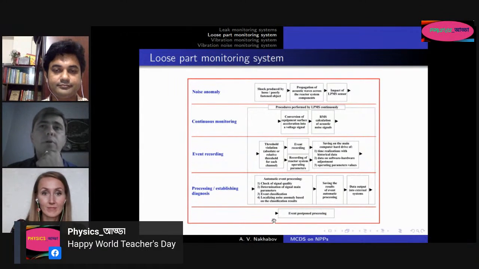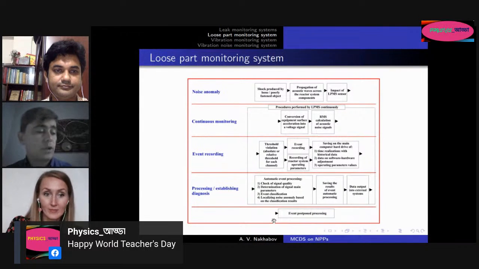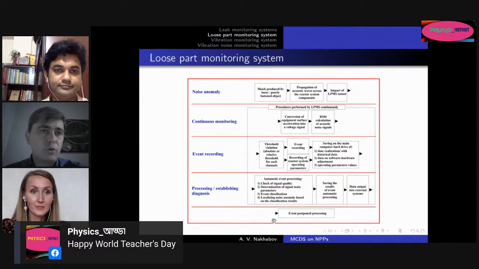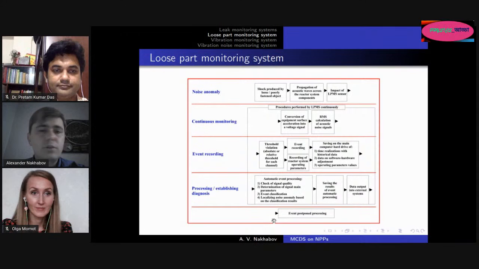For example, different instrumentation was lost inside of equipment, because equipment is huge, and in some situations repairing personnel can lose something like a screwdriver, and of course during operation it can be a source of a very serious incident.